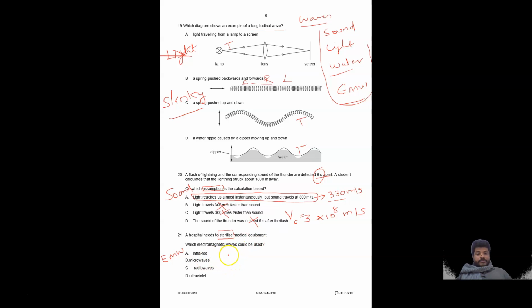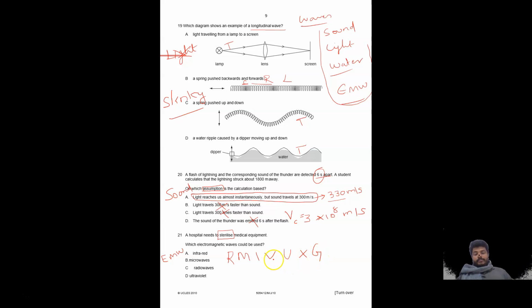We have a mnemonic. You see, R, M, I, V, U, X, G. So you can remember it like: Remember me, I am Vera, your ex-girlfriend.